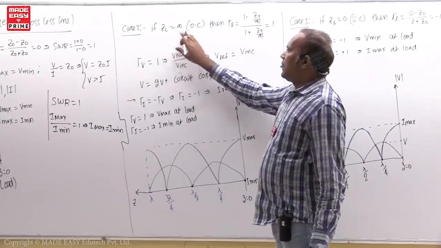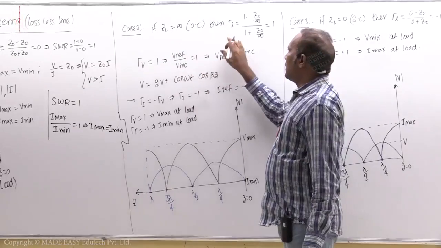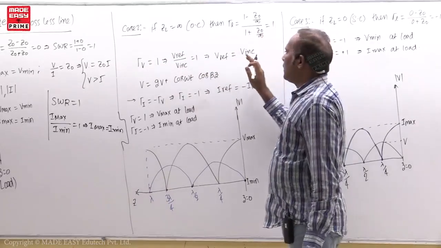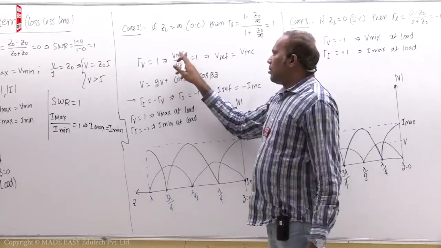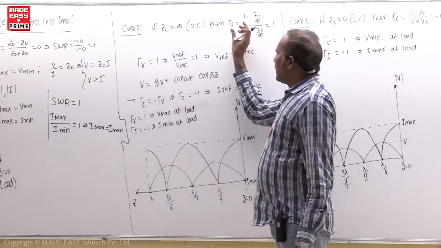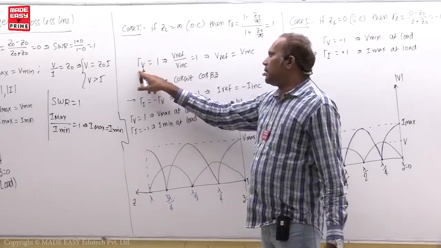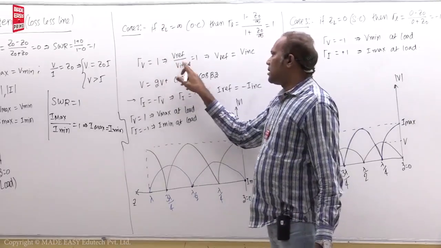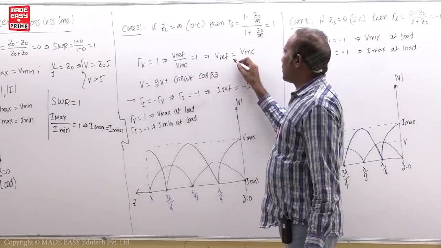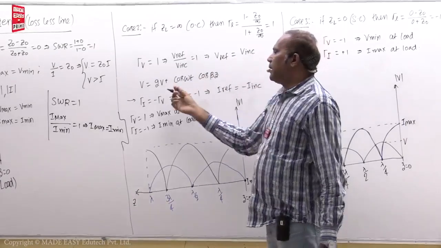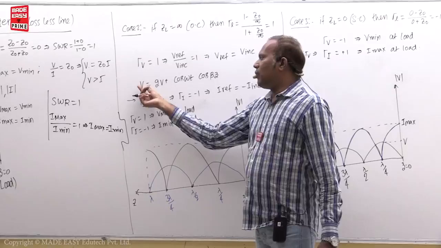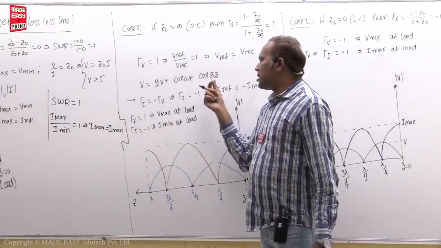If ZL is infinity, that means open circuit, then gamma L is 1. Then gamma L is nothing but gamma V. Gamma V means the reflection coefficient of voltage, that is reflected voltage by incident voltage, that is 1. In this case, reflected voltage is equal to incident voltage. Then our total voltage waveform becomes cos omega t cos beta z.